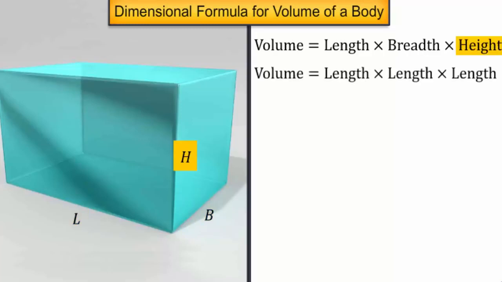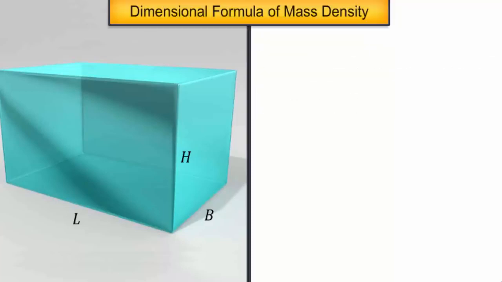Thus, the dimensional formula of volume is L^3. Similarly, we can find the dimensional formula of mass density, which is the ratio of mass to volume. The dimensional formula for density is M L^-3.